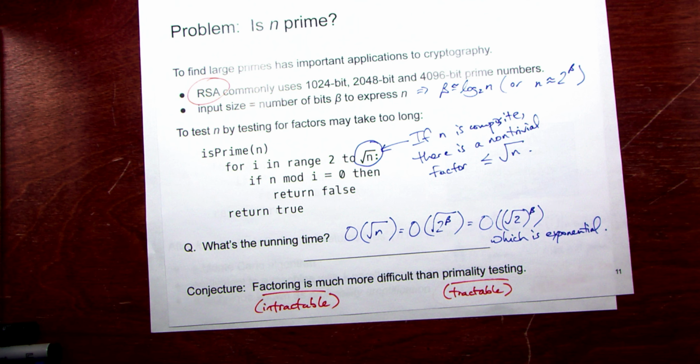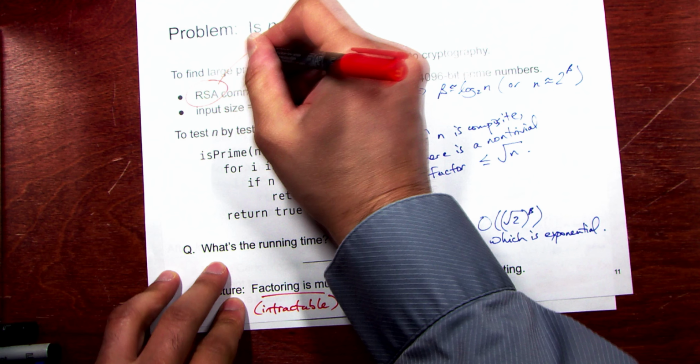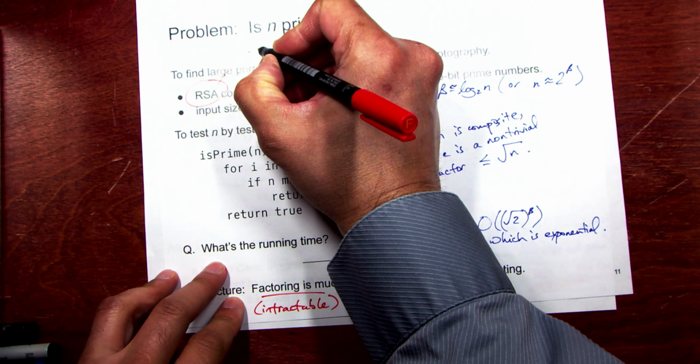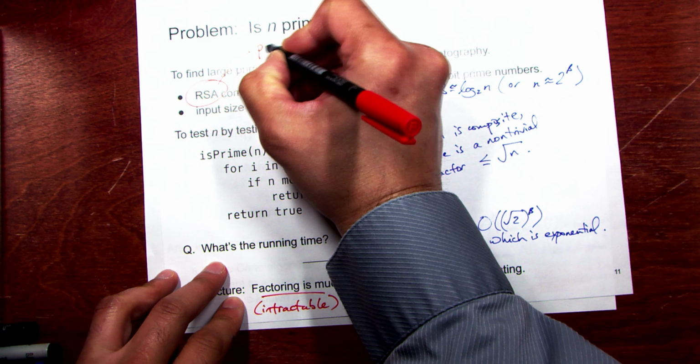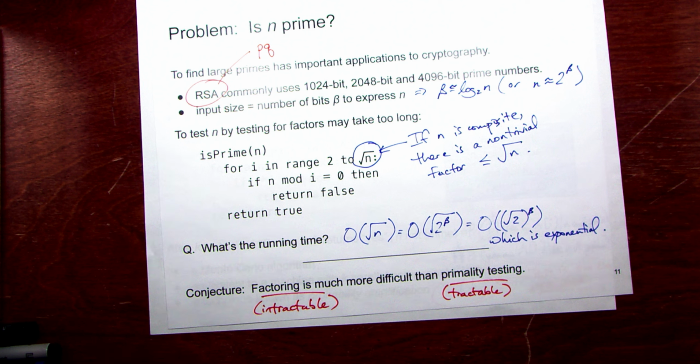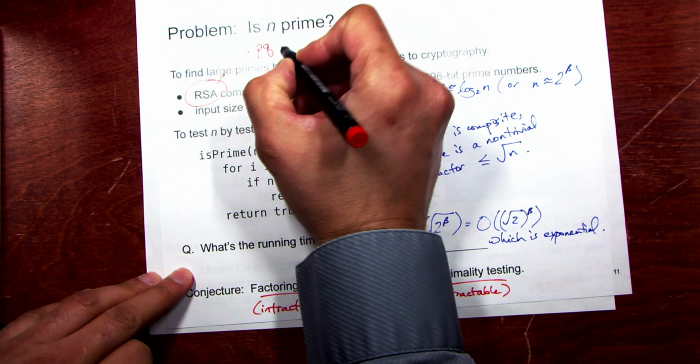Maybe you've seen RSA in Macam 101, and if you haven't, you can look it up. It requires the product of two primes, P and Q, two very large, roughly equally sized primes, and if you can factorize P and Q, then you can break the system. So it requires two primes.